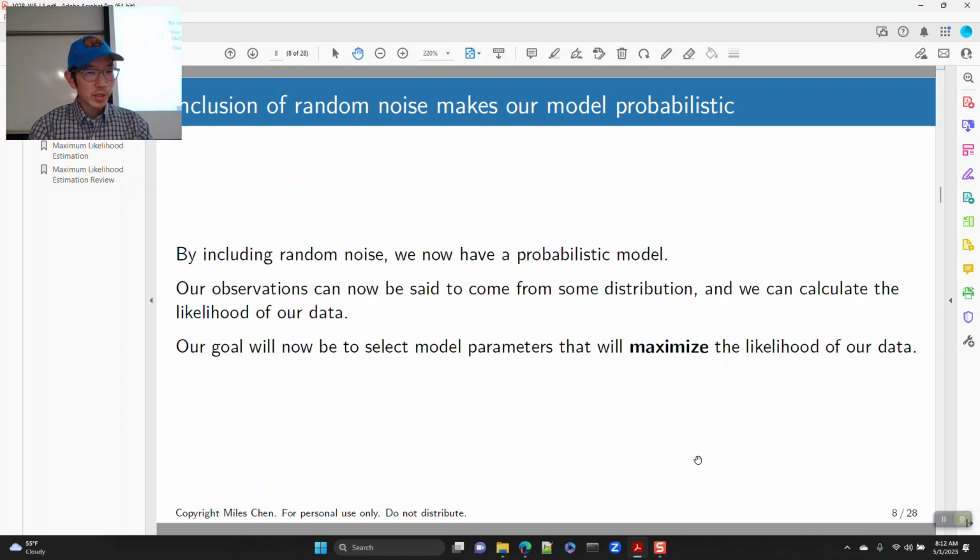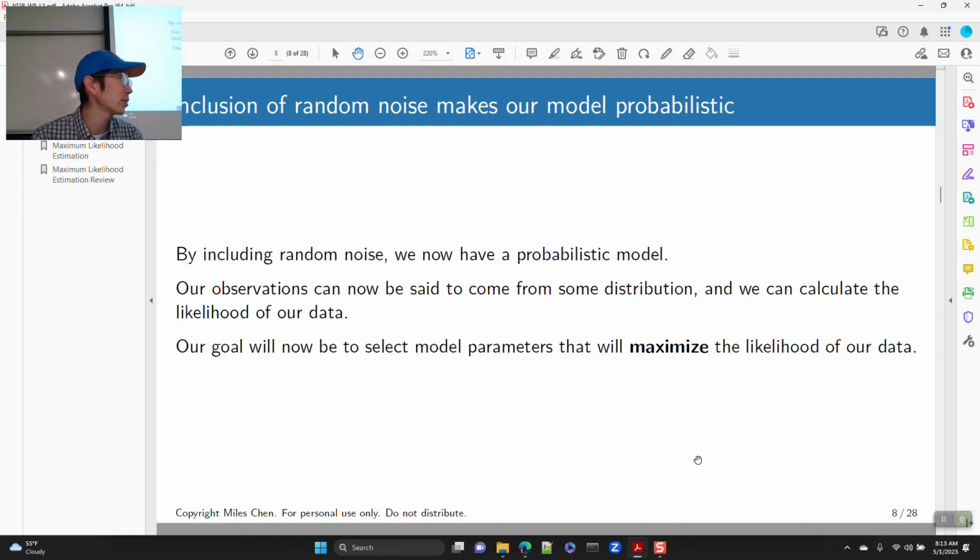And that's because we're including this random noise, and we're going to say the random noise is dictated by some kind of probabilistic function. We have a probability function. And so the observations we have, and the random noise that's part of the data, come from some kind of probability distribution.